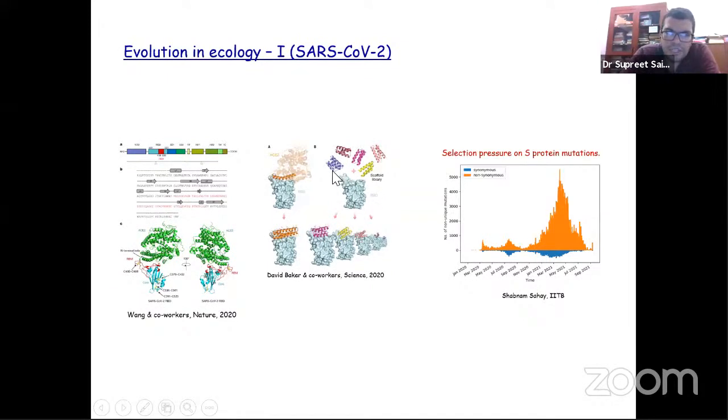So when they test these peptides that their analysis predicts, by actually synthesizing them, what they find is that they are able to prevent interaction between ACE2 and the receptor binding domain at even very low nanomolar concentrations of these peptides.